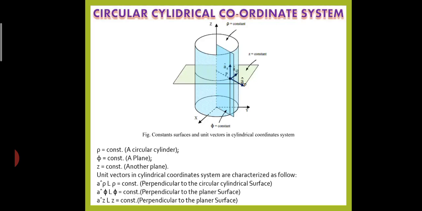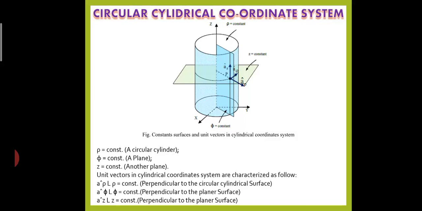The ranges of the variables are: r from 0 to infinity, phi from 0 to 2 pi, and z from minus infinity to plus infinity. So, these are the different values of the cylindrical coordinate system.